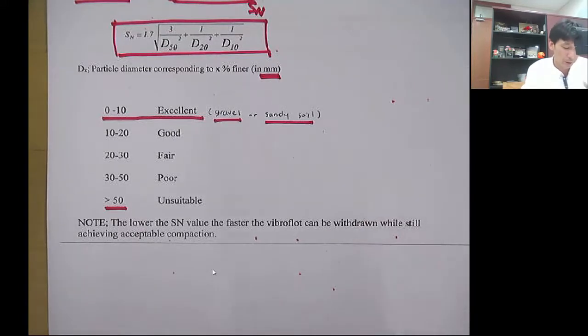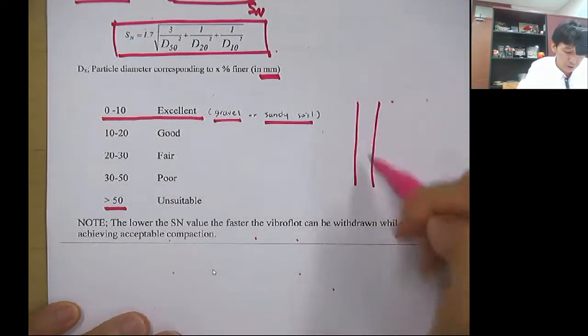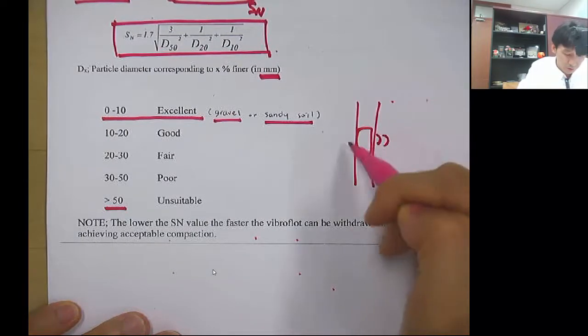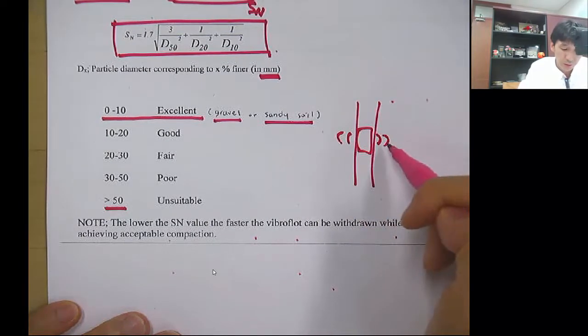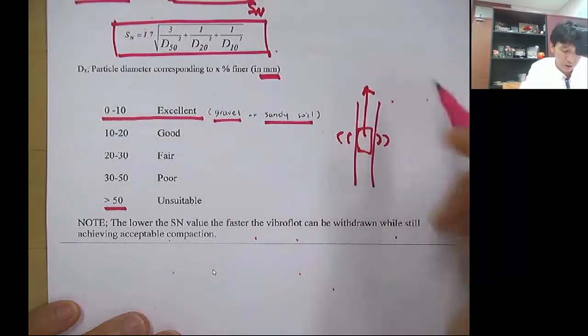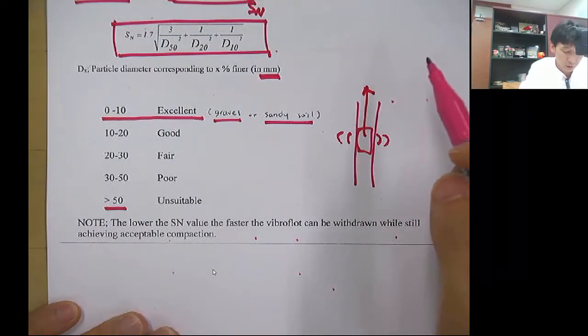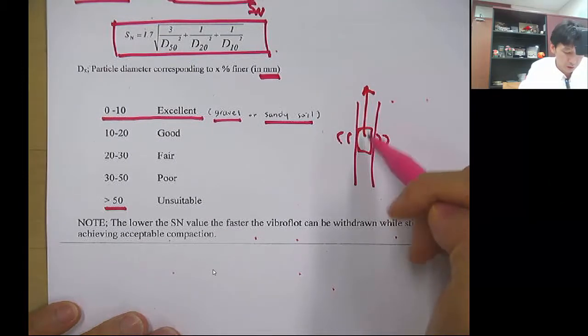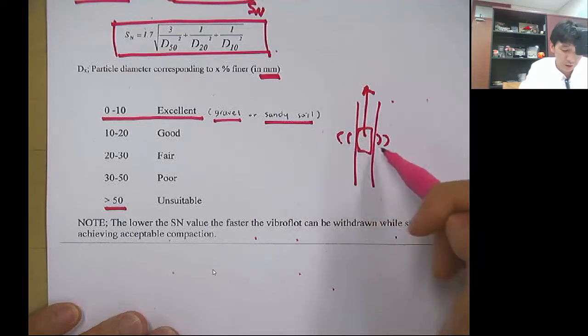So as you apply the vibration, it's going to increase the pore pressure, and then it will densify the soil. If you take out the probe too fast, then it doesn't consolidate or compact the soil efficiently.